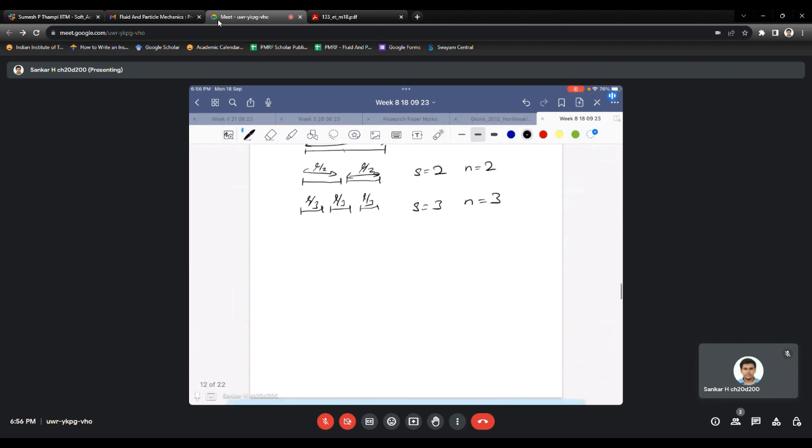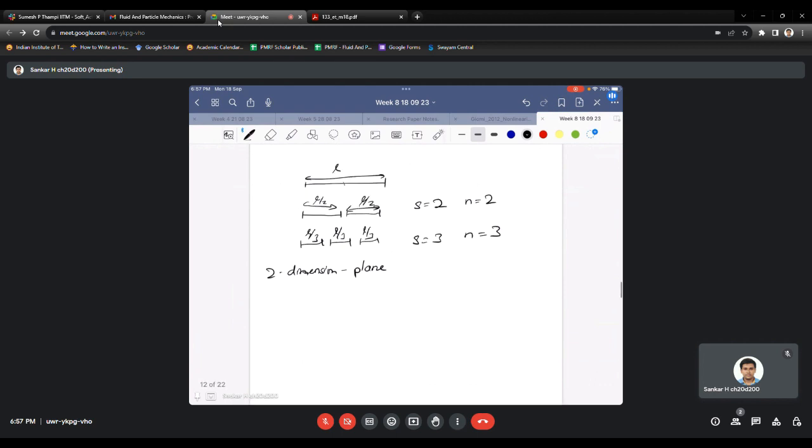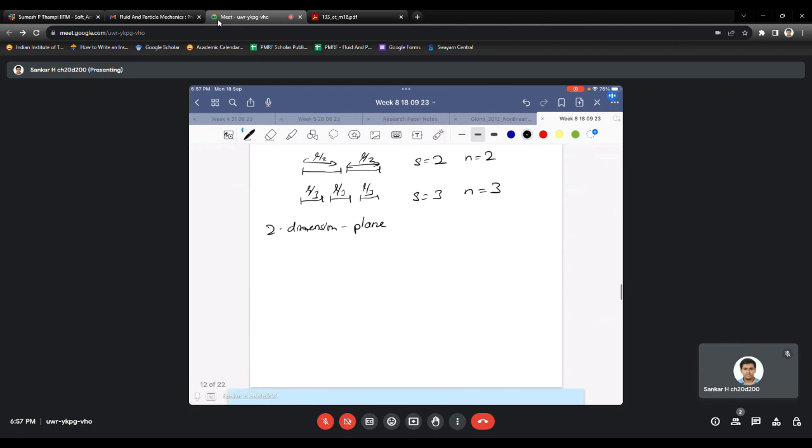Now suppose I have a two-dimensional object, which is a plane, something that occupies an area. We know that a one-dimensional quantity does not occupy an area, but a two-dimensional plane occupies an area. So let's take the example of a square.